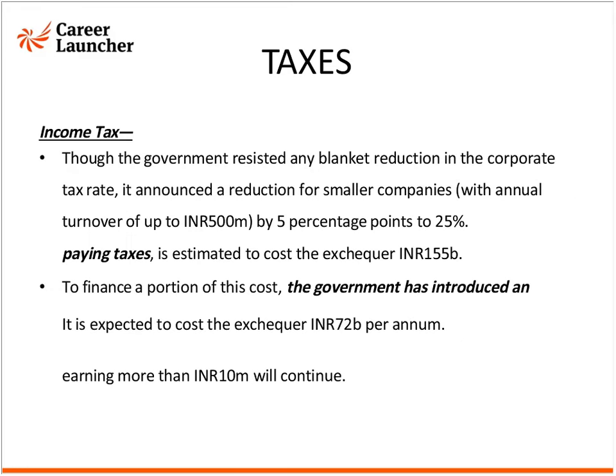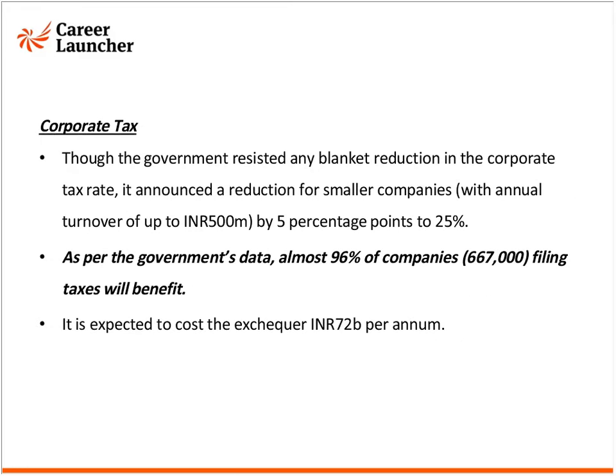So that's about taxes. Now coming to your corporate tax. You need to understand this is a big change announced by the government. They've reduced the corporate tax rate by 5% for companies that have an annual turnover up to 500 million, which essentially means 50 crores.